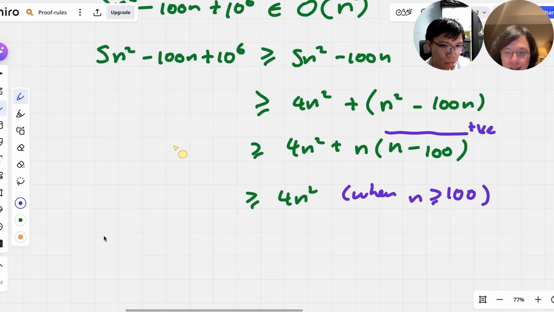So now we can say that there exists a constant, which happens to be 4.